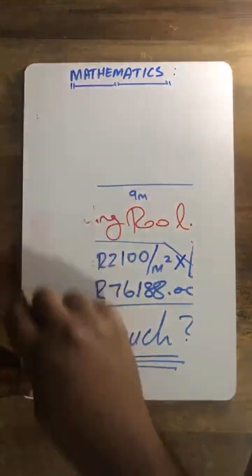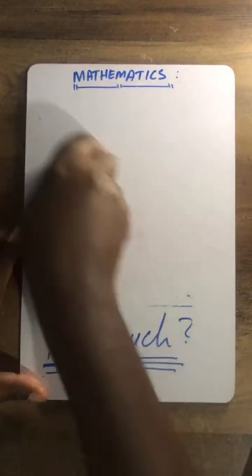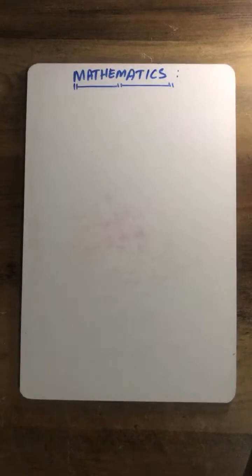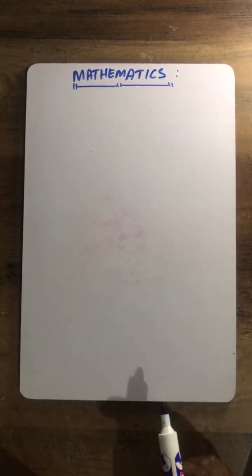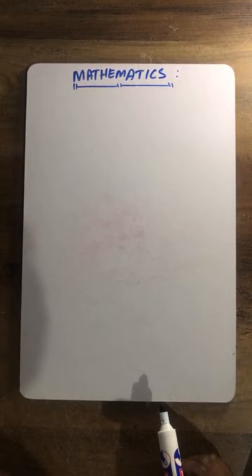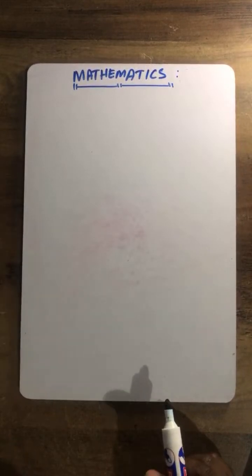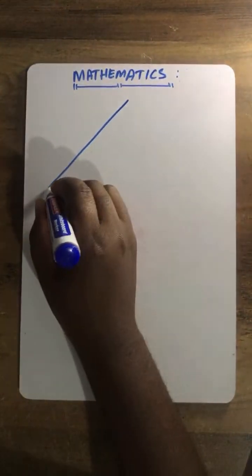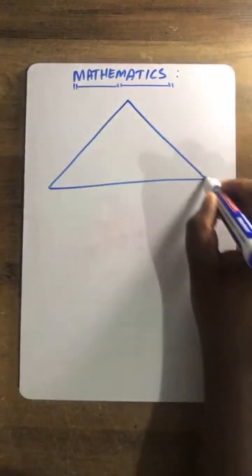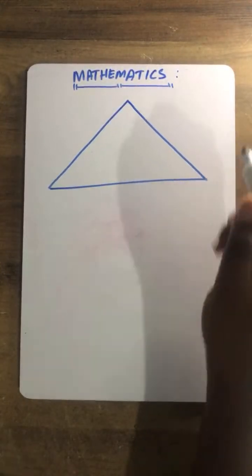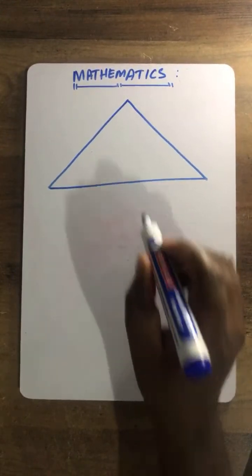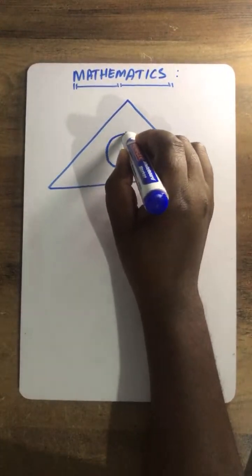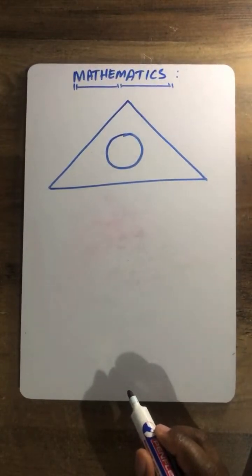Okay, now this one I'm going to work out. I'm just going to assume that it is the same as the previous one that we have done. So now determine the area of the shaded region of the circle, that and that.